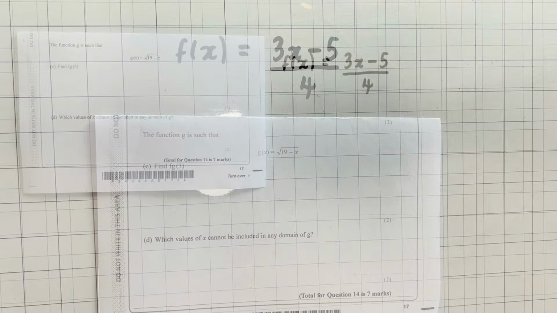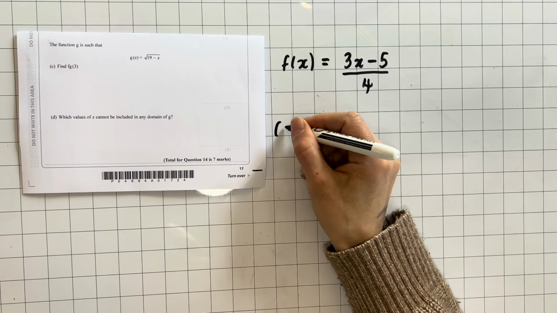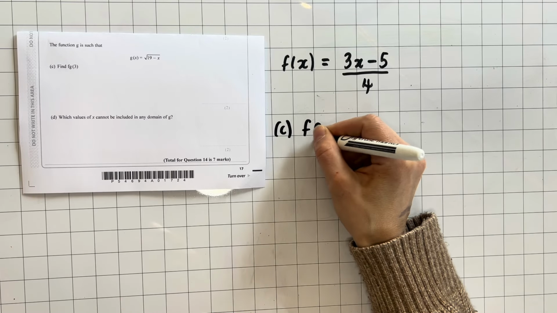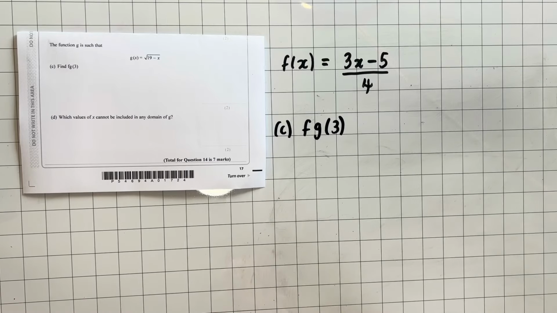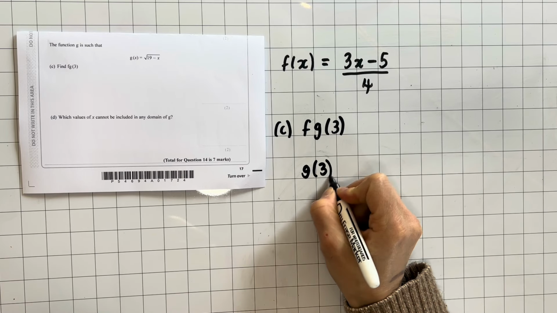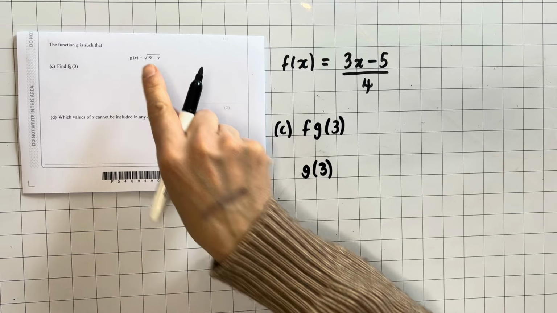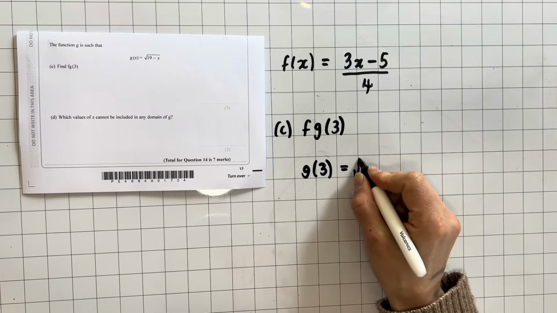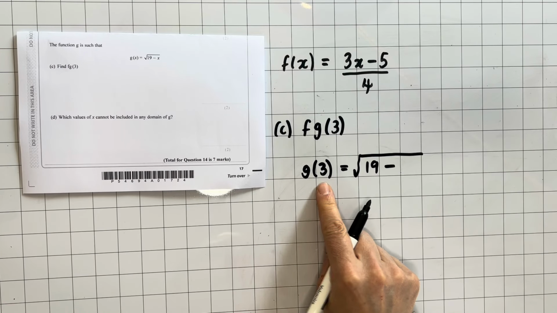Welcome back. Part C, we're asked to find the composite function fg where x is equal to 3. First of all, we find out what the function g is where x is equal to 3, and we know the function g is the square root of 19 take away x. So we've got the square root of 19 take away 3.